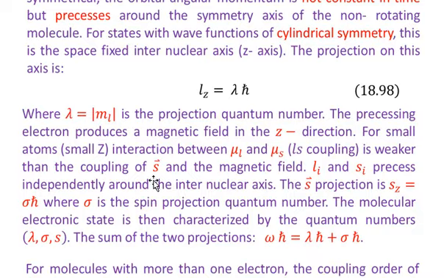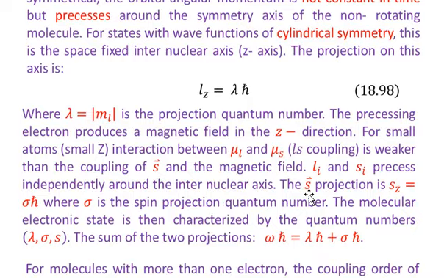So for small atoms, S will couple with the magnetic field. Li and Si will precess independently around the internuclear axis. Because they are not coupling together, they behave as individual quantities. So Li, the orbital angular momentum, and the spin angular momentum of the individual electrons will carry out their individual precessional motion about the internuclear axis.